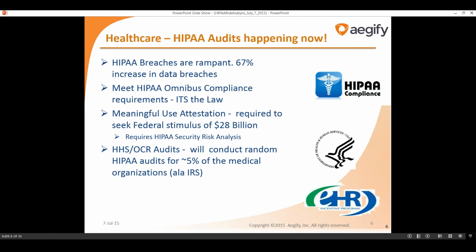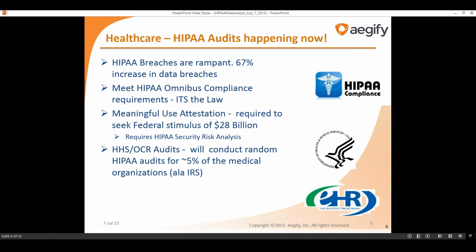And starting in 2016, instead of getting paid, businesses will have a disincentive or a penalty, in that they will get percentages chopped off the reimbursement they get from Medicare and Medicaid in case they're not HIPAA compliant or if they don't do security risk analysis.